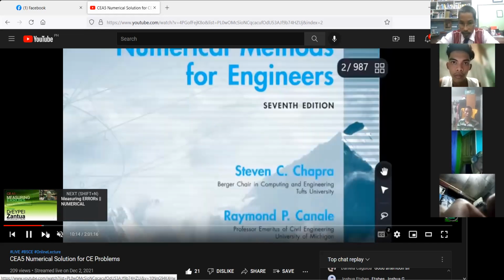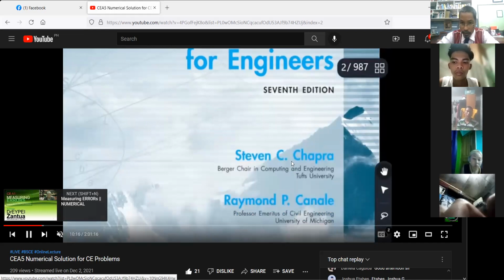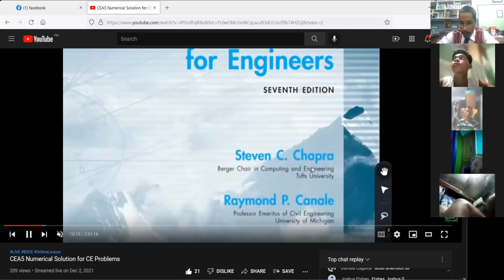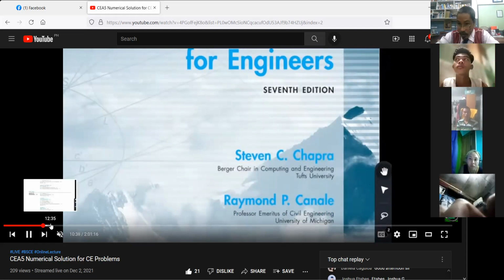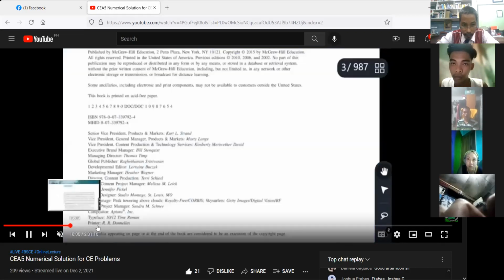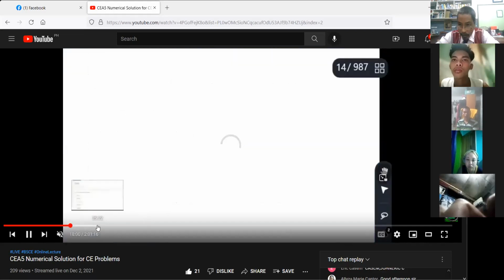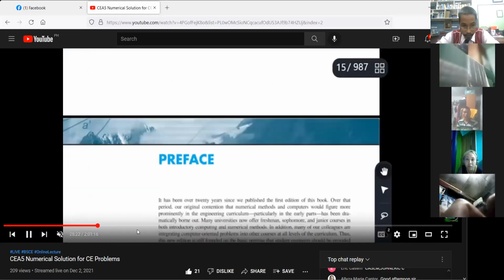We have this textbook, 7th edition by Chapra and Canale. It is good for us because they are also civil engineering professors, so we can relate to their problems because they have the same discipline, civil engineering.